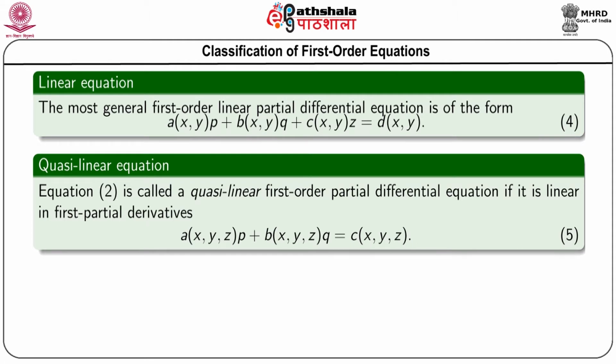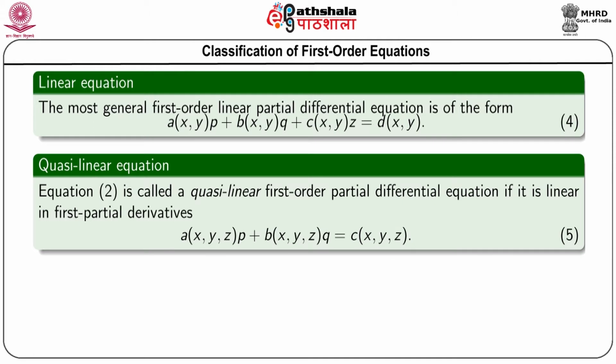So, it is linear in z, zx and zy. A quasi-linear equation is defined as a differential equation where the coefficients of p and q are functions of x, y and z.